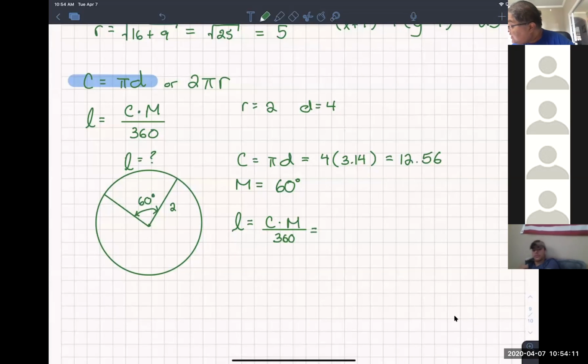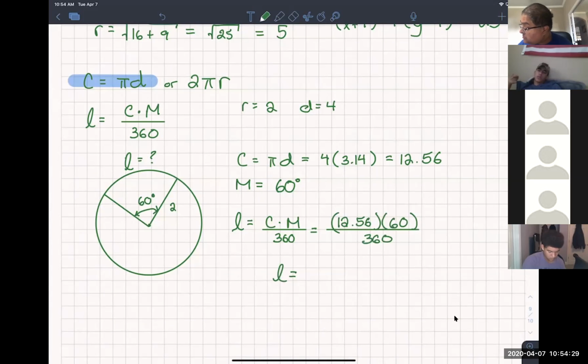So circumference is, we calculated to be 12.56. Arc measure is 60 divided by 360. So the arc length would be what? 2.09333333. So 2.09.